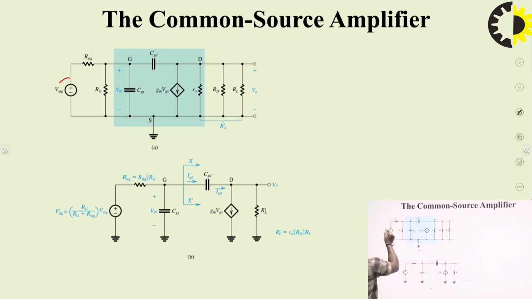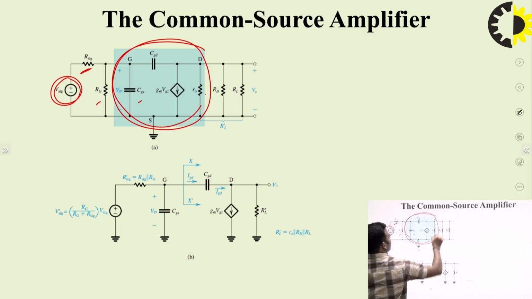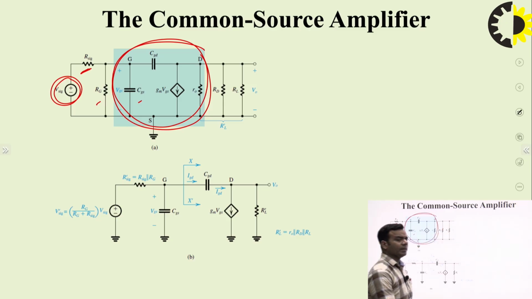We have applied signal voltage, with its internal resistance R signal. This is RG, VGS, and actually this is the high frequency model of MOSFET. Other than this, all the resistors and this voltage are the externally connected components.